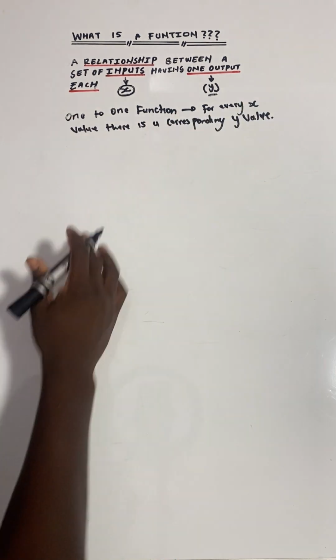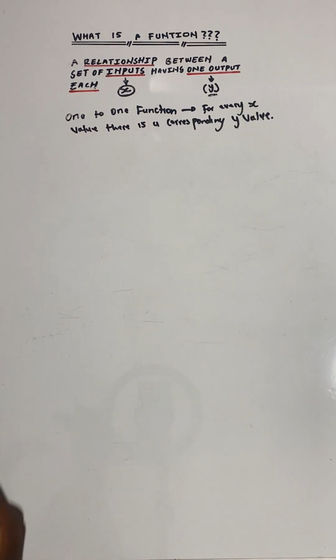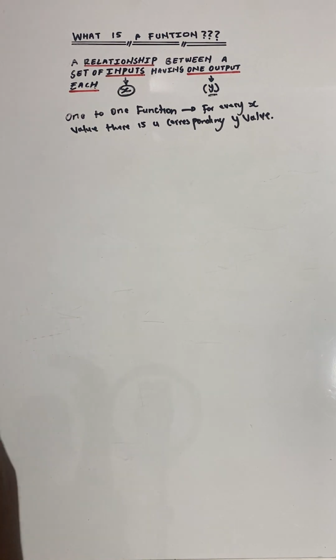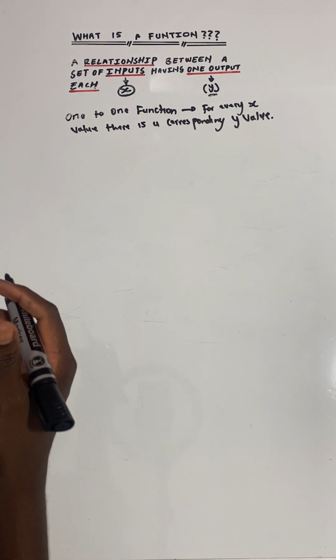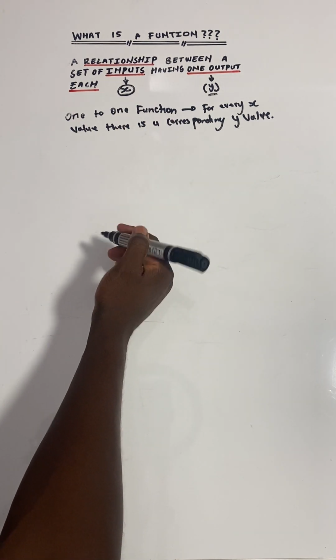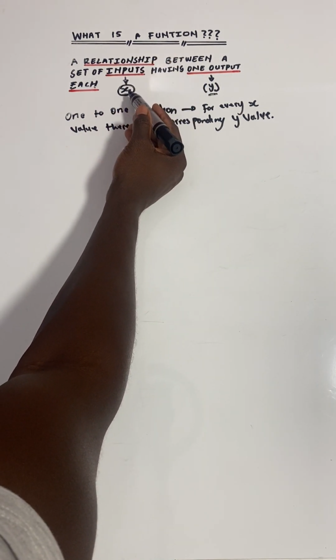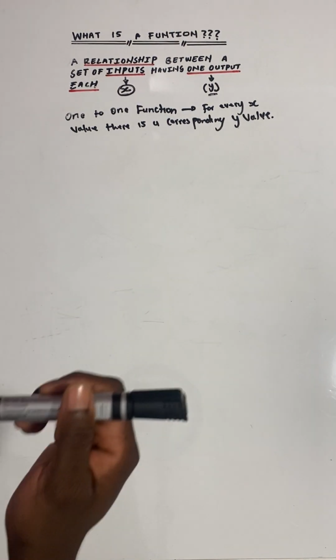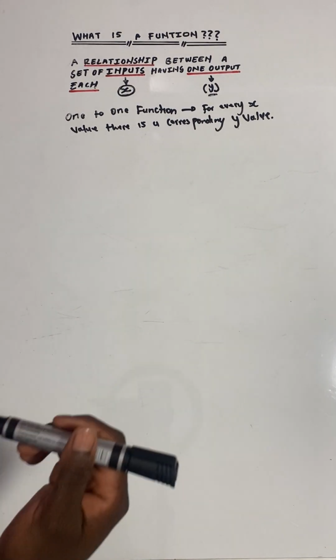So I think this one is self-explanatory. One to one. So one x value, one y value. Please do not confuse one x value, one y value with an x value having only one output. You're still going to understand that as I'm going on with the different categories of functions.